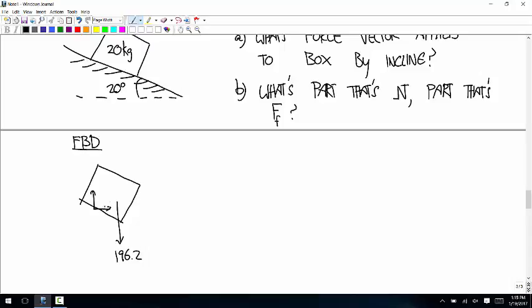So there's an unknown force vector, force on the box by the incline, FBI. That's where the name of the FBI comes from, I assume. I don't really, that's not based on anything.